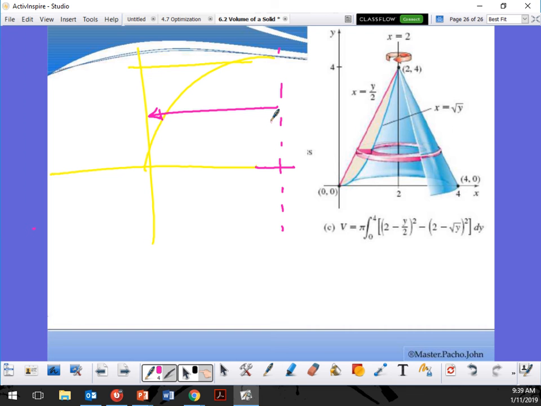So it would be this number, let's call this one D, so the radius would be from here all the way over.